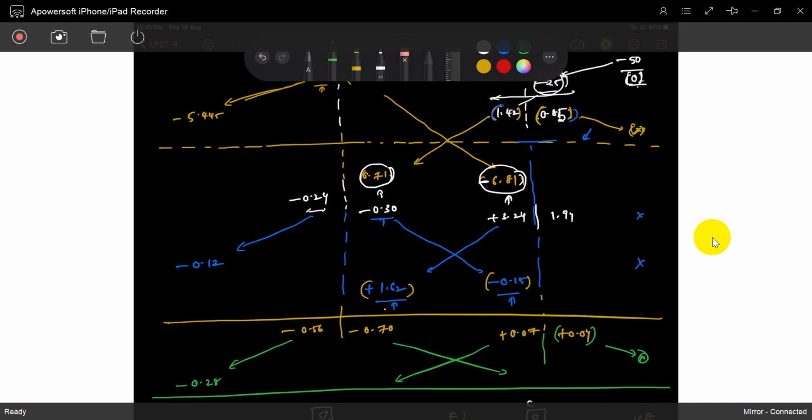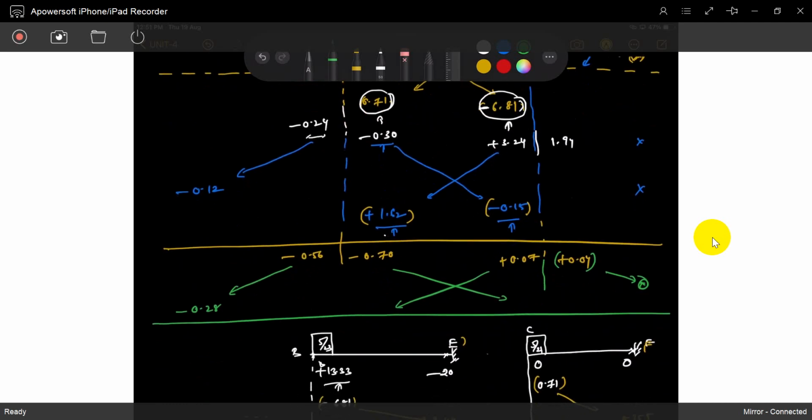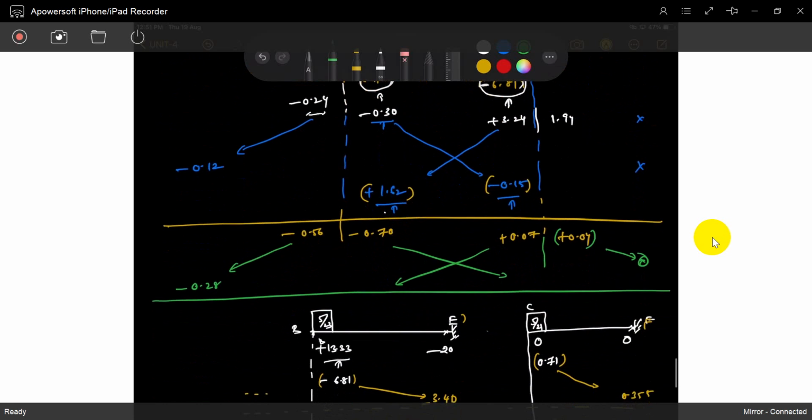We are getting 55.85. Now you will see this value. BA we will get 38.29. BC we will get minus 44.30.